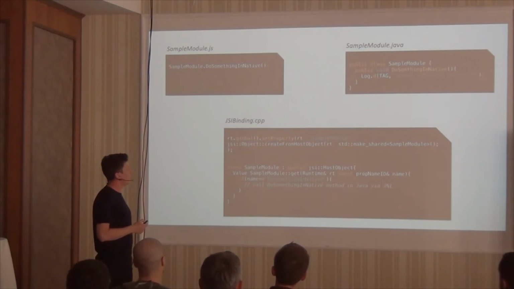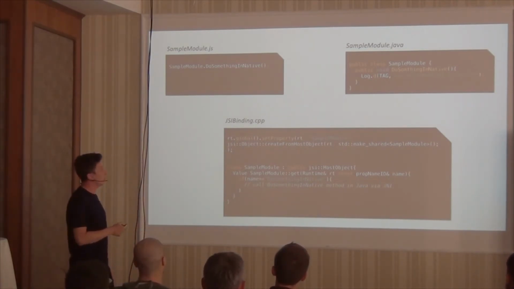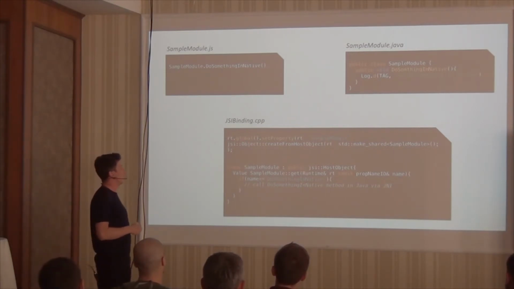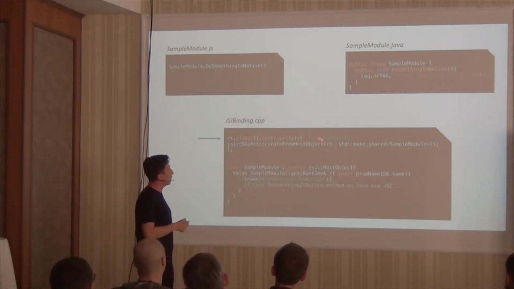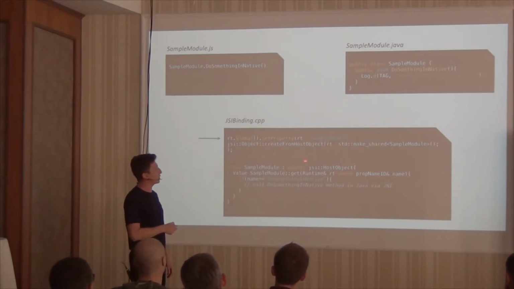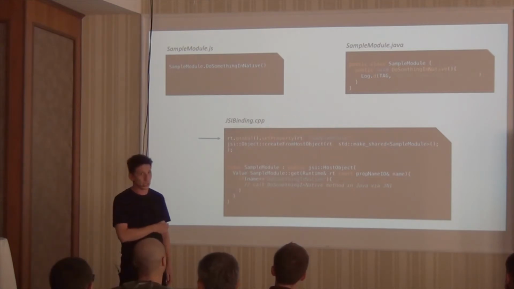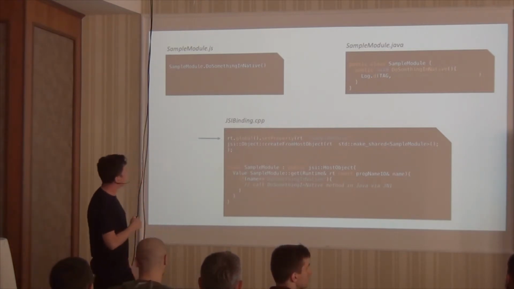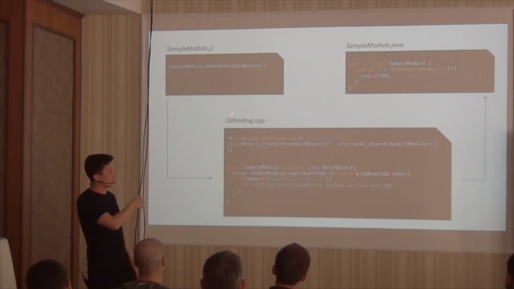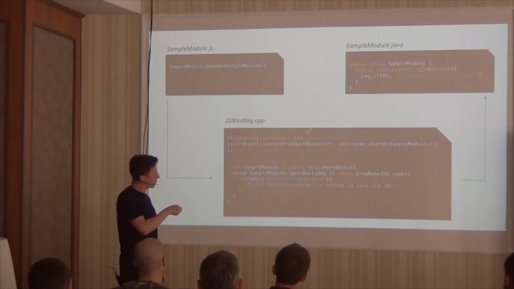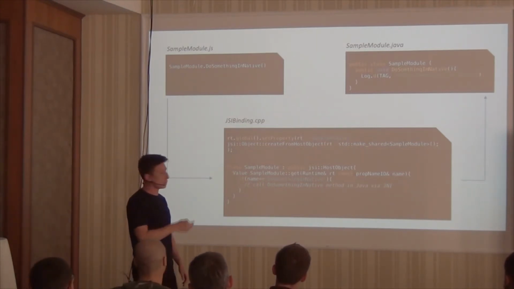So for this, we will need a C++ code that will bind these two things. In this code, we are setting on our global a host object. We'll create a host object and set it as a property on the global of the JavaScript. And we will be able to invoke from JavaScript through the JS context, through the JNI, to the Java.